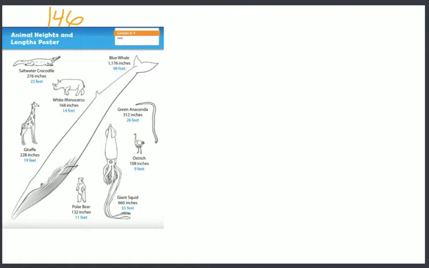So I just want you to take a look and think about the lengths, so how long something is, and the heights, how tall something is, of the animals. Which animal is the longest? Which animal is the shortest?